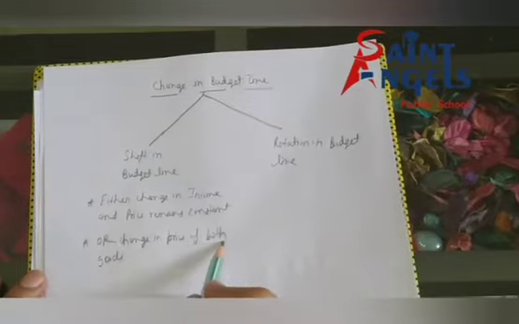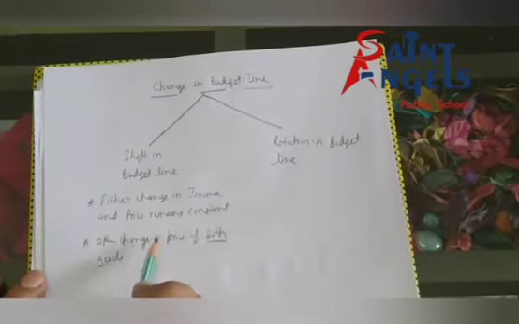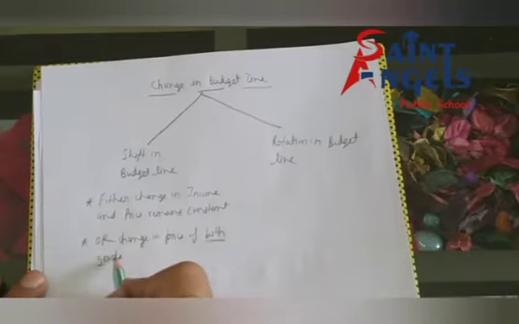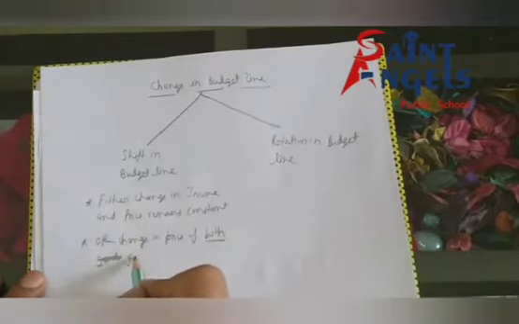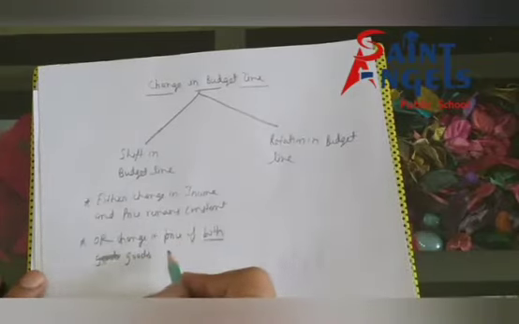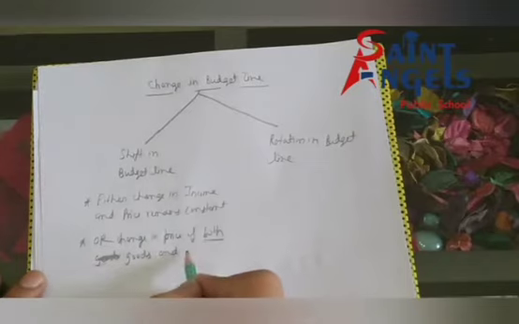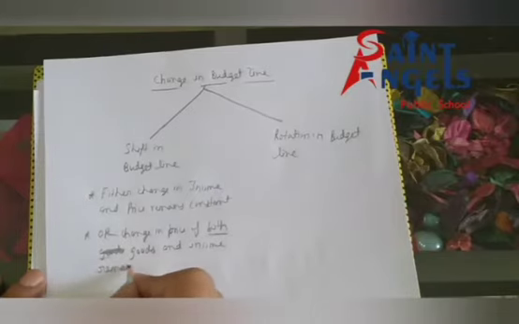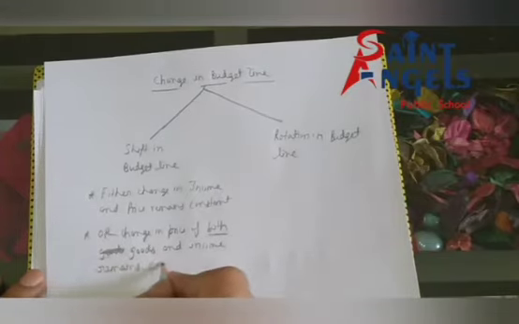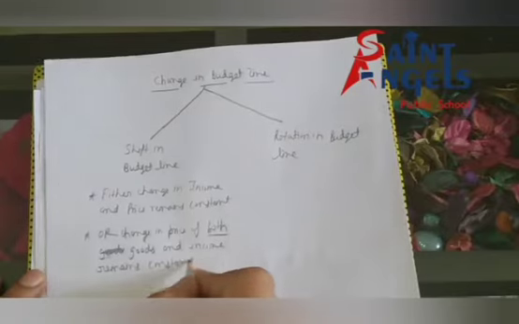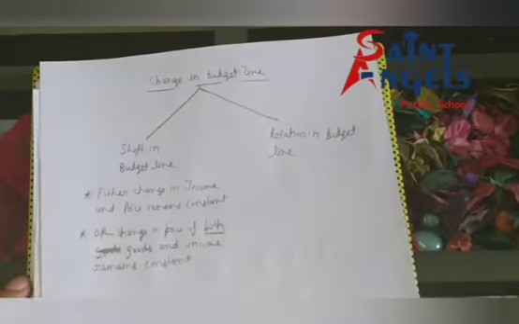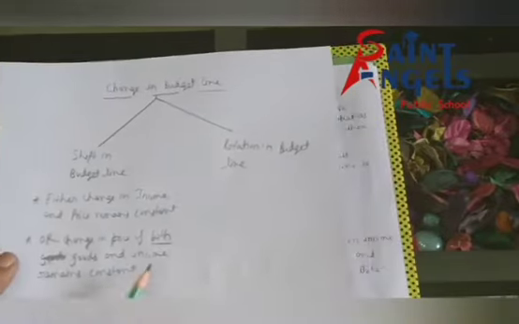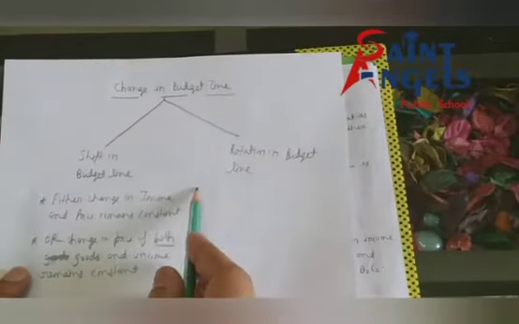See, this is most important: change in price of both goods, and income remains constant.